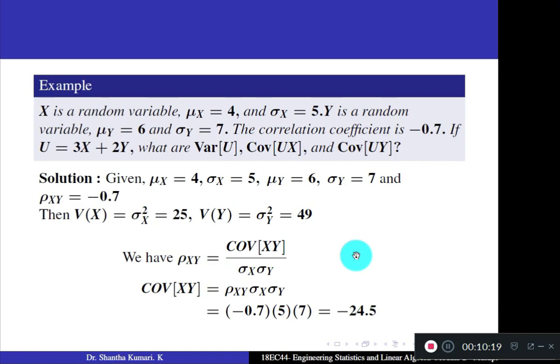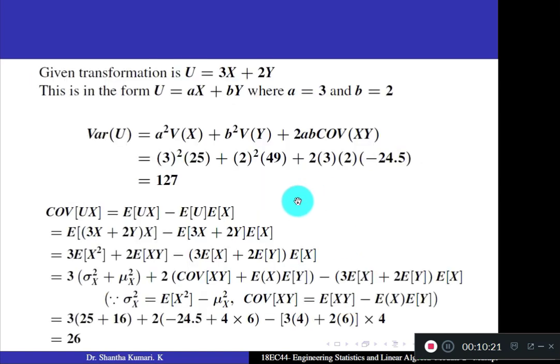Now try to find the terms one after the other. If your transformation is in the form ax plus by, as you have studied already, I gave you this formula in the previous slide. Variance of u is given by a square into variance of x plus b square into variance of y plus 2ab into covariance of xy. Now your given transformation is in this form.